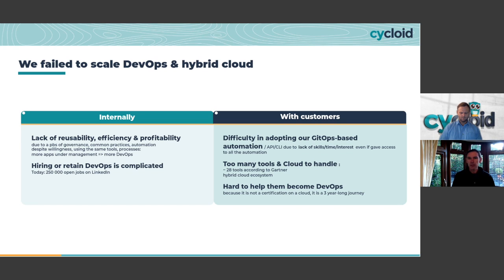So a team might try and build some automation to help them deliver an application quickly, but then that automation would end up in somebody's Git, and it would be inaccessible to the rest of the organization. So next time a similar project would then start recreating all that automation all over again. So a huge amount of inefficiency there.